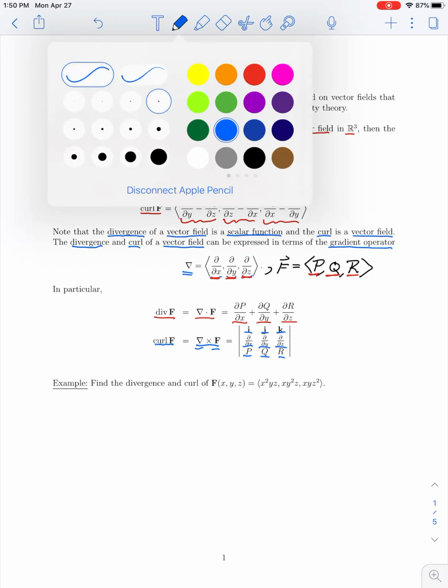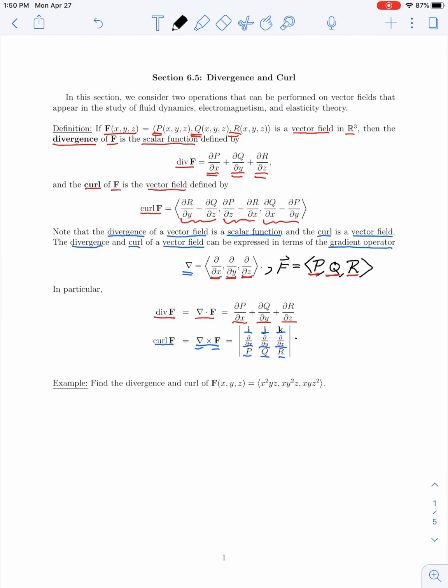So we see that if we were to take this cross product to get our i component, we would differentiate R with respect to y, and then subtract the partial of Q with respect to z.